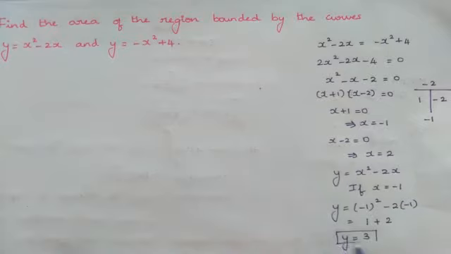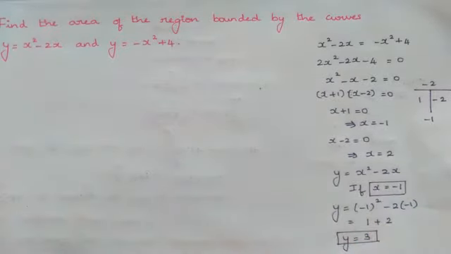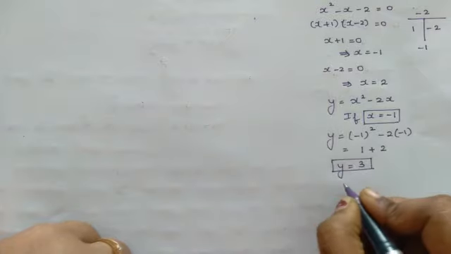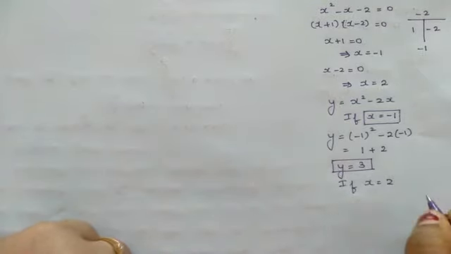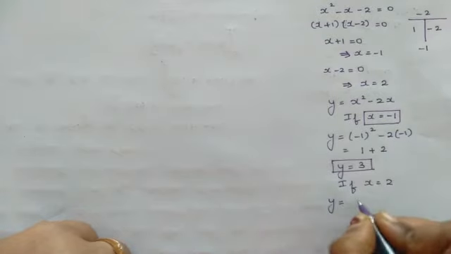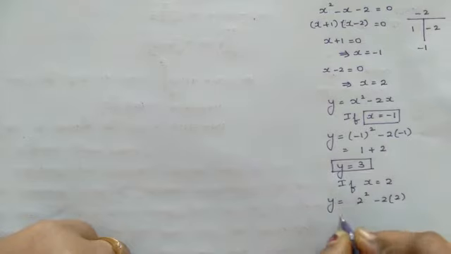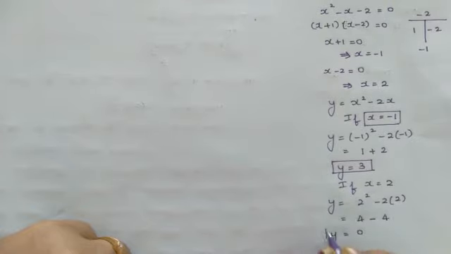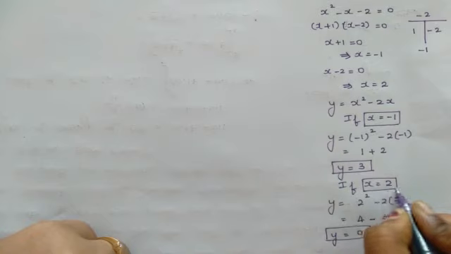So y is equal to 3 when x is equal to minus 1. This is a solution. Now if x is equal to 2, the other solution, y will be 2 squared minus 2 into 2, that is 4 minus 4, which is 0. So y is equal to 0 when x is equal to 2.